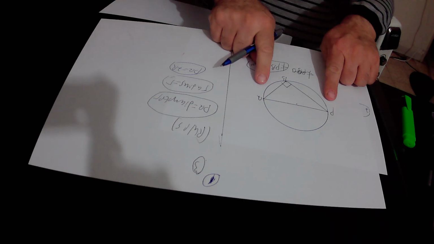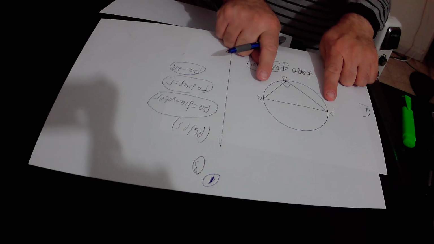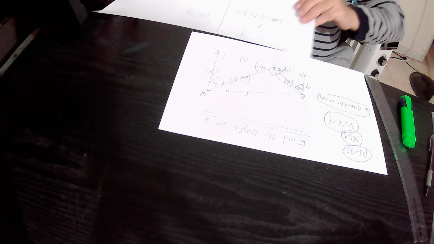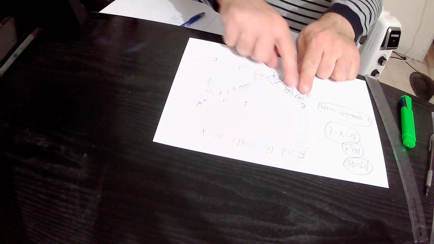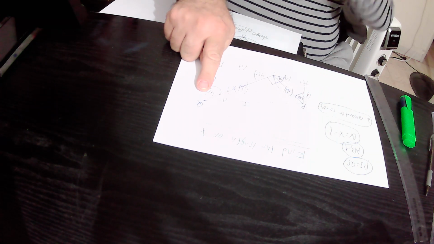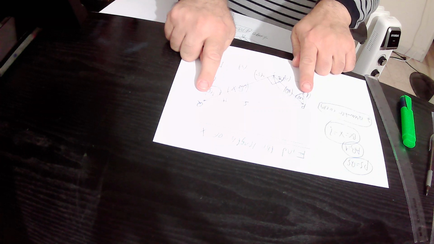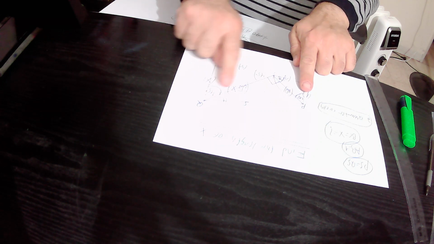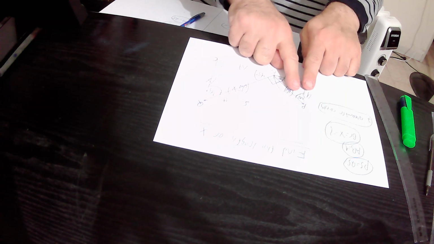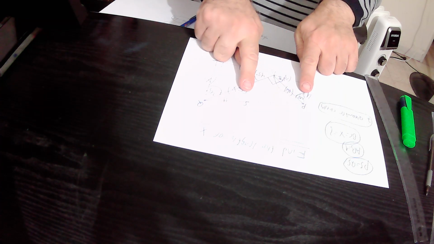For one side, PQ equals 2R, it is the diameter of the circle, but from the other side, in the drawing line segment PQ, we know that it is given that PS equals SQ.